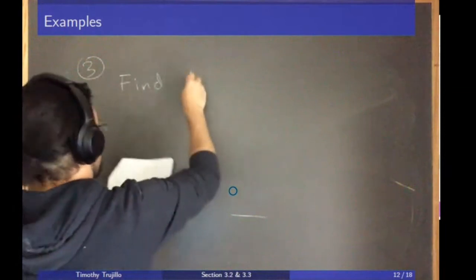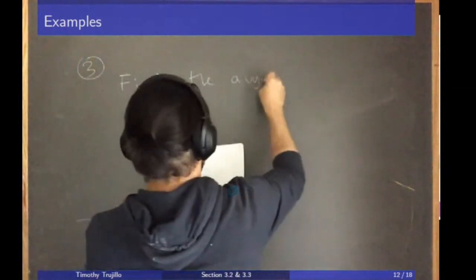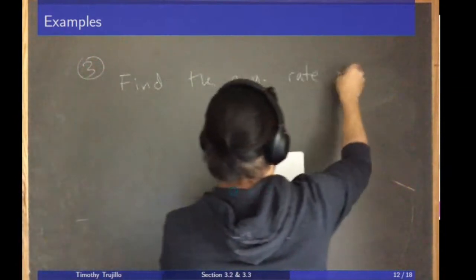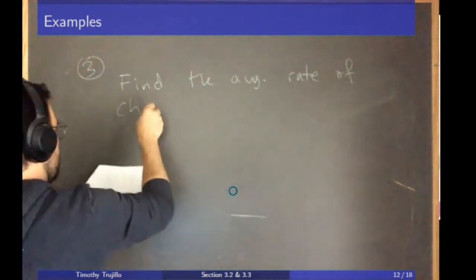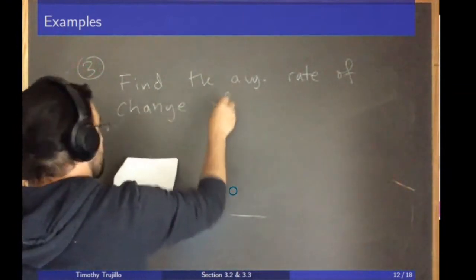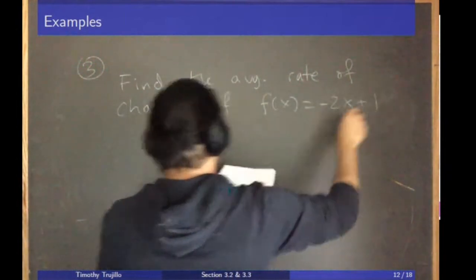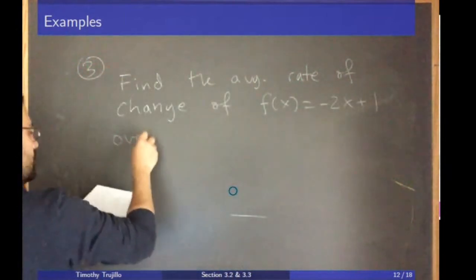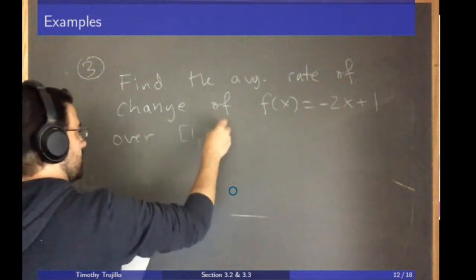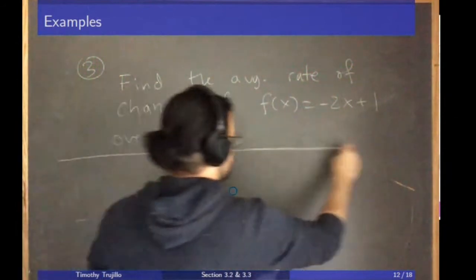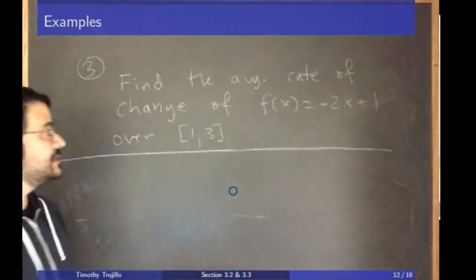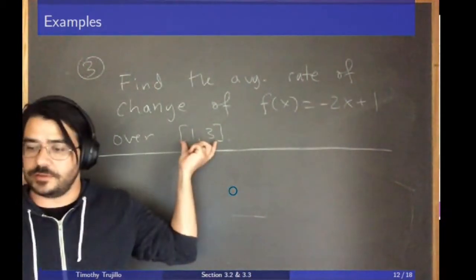So in this case, let's find the average rate of change of f of x is equal to negative 2x plus 1 over the interval from 1 to 3.